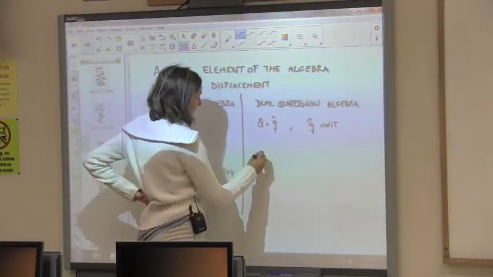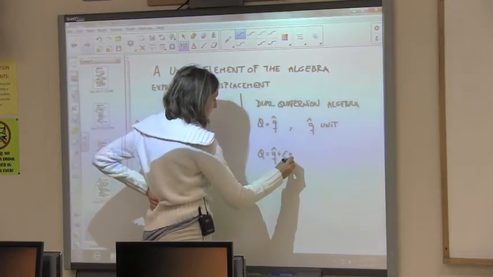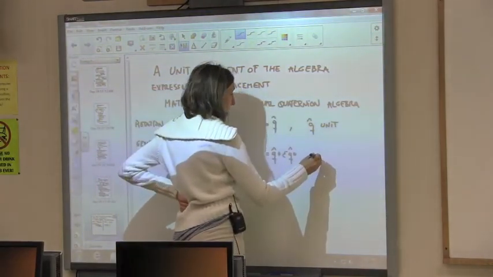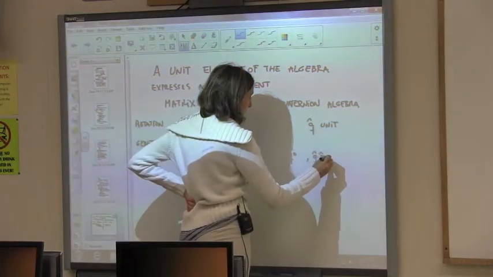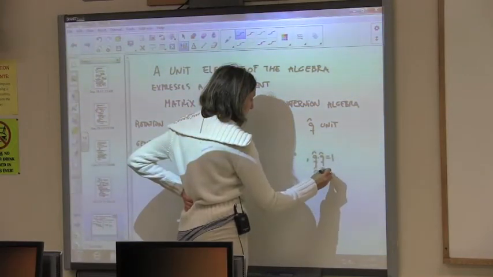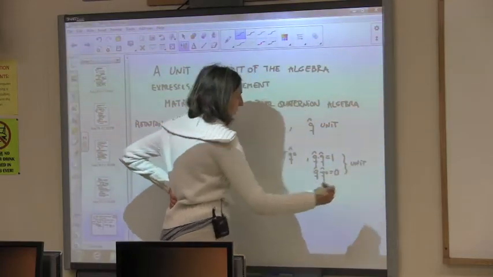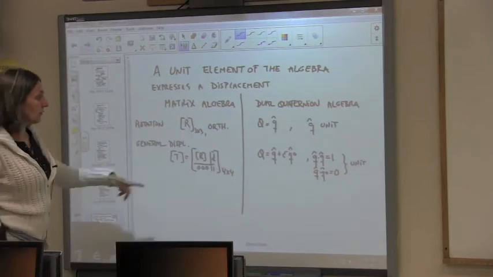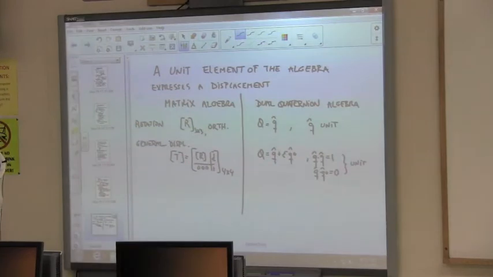In the dual quaternion algebra, a general displacement is a q plus epsilon q0, so that q dot q is equal to 1 and q dot q0 is equal to 0, and this is what we call unit in this algebra. And these are 4 elements, these are 8 elements. This is an element of the algebra.